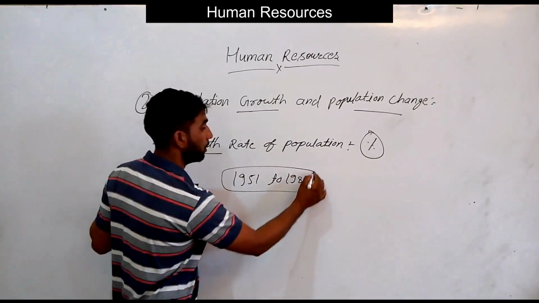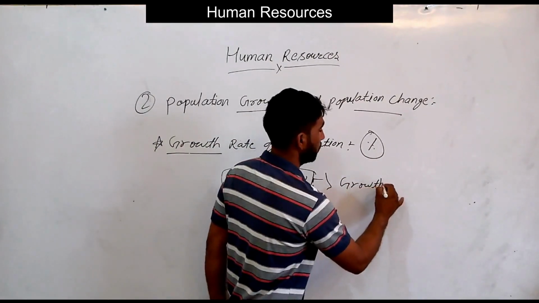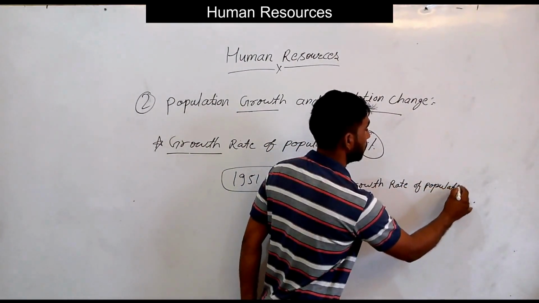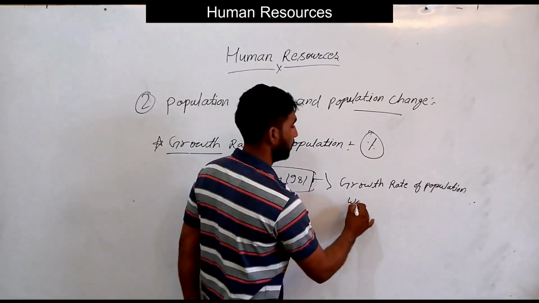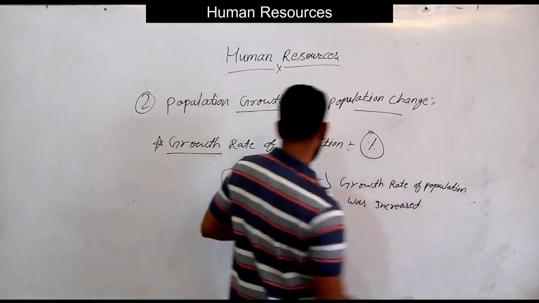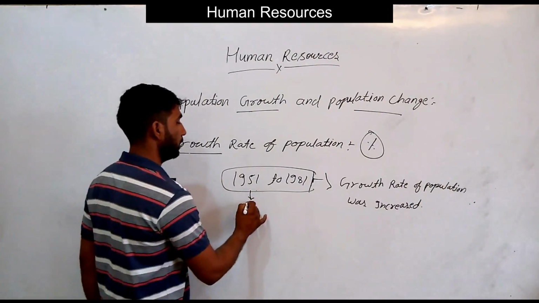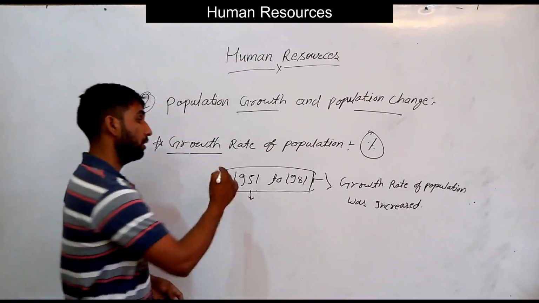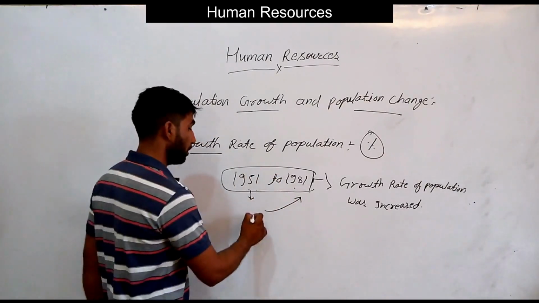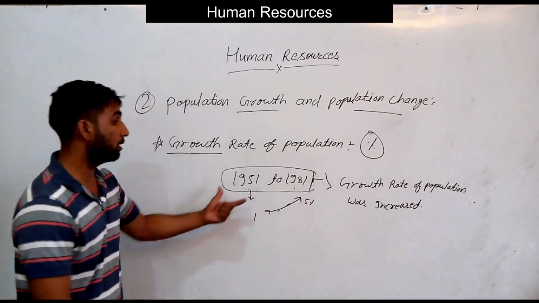The growth rate of population increased every decade. Always, over all those years, the growth rate gradually increased. Like we have 1, then 2, 3, 4, 5, gradually increasing at that point of time.